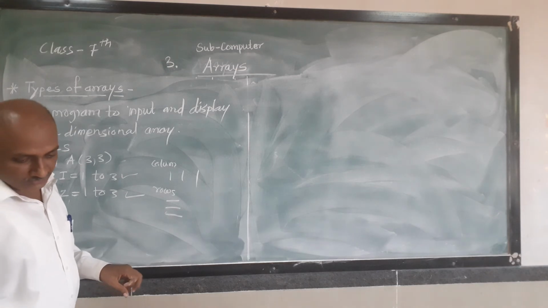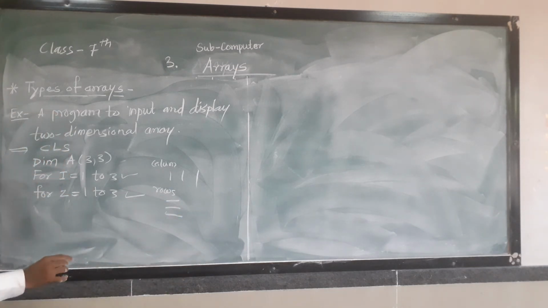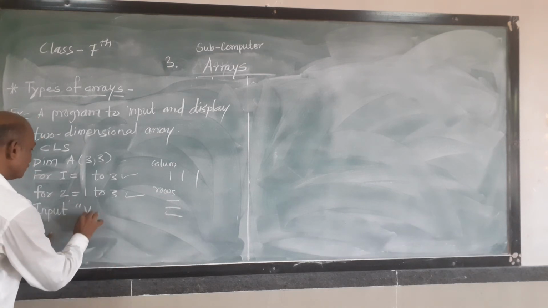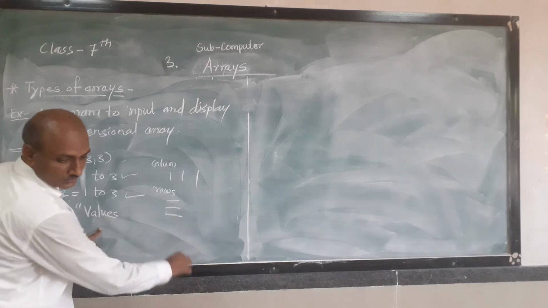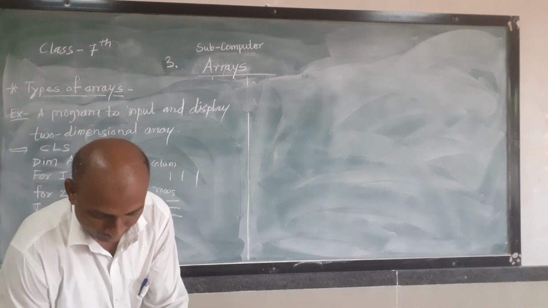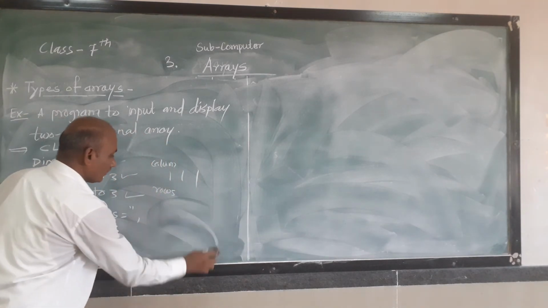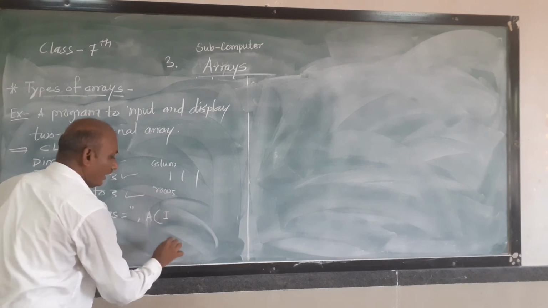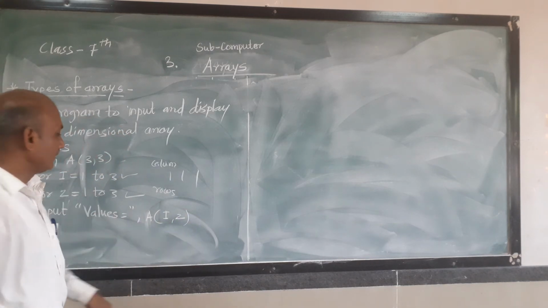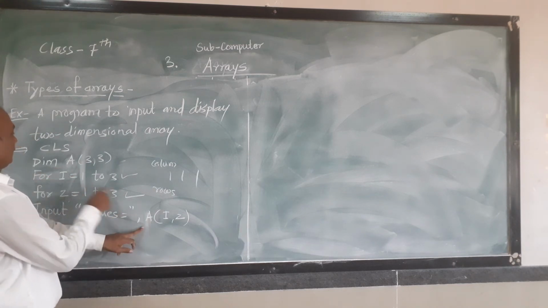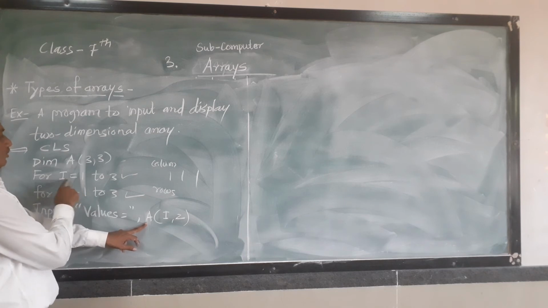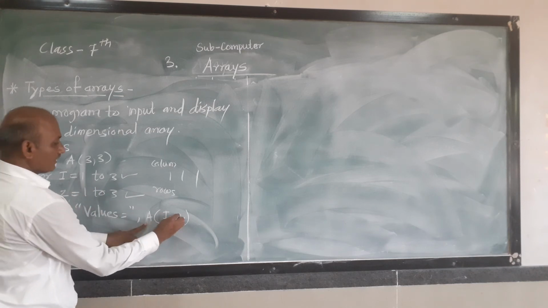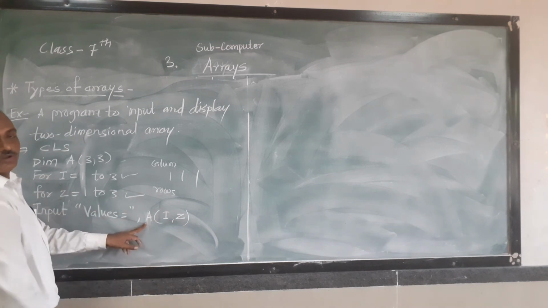Now the next, accept the values. For accepting the values we can use INPUT "values", A(I, Z). A(I, Z) means A is the variable, I is for column and Z is for rows.